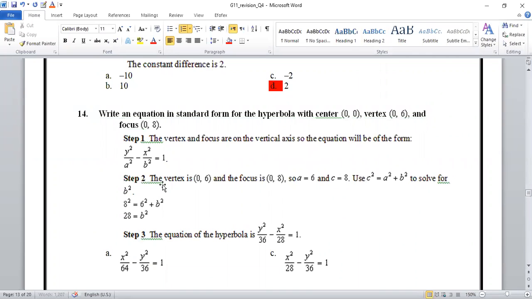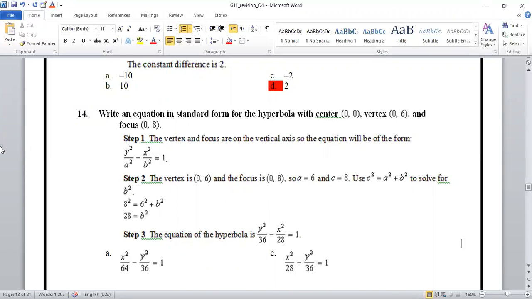Step number 1: the vertex and focus are on the vertical axis, so the equation will be in the form y squared over a squared minus x squared over b squared equals 1. So the transverse axis is vertical.